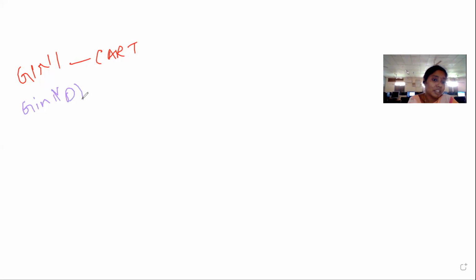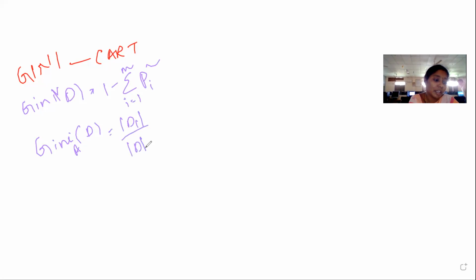If you want to calculate the GINI index for the entire data set, here is the formula: 1 minus sigma i equals 1 to n of p_i squared. To calculate the GINI index for the split, since we have only 2 partitions, instead of sigma we can directly expand the formula like this.